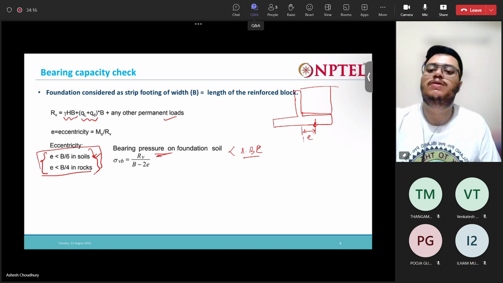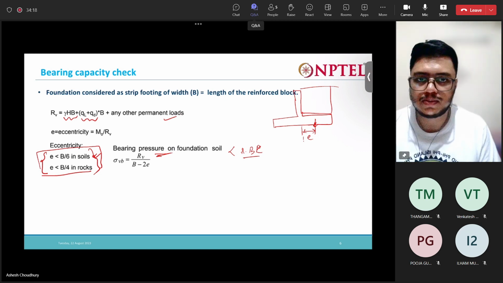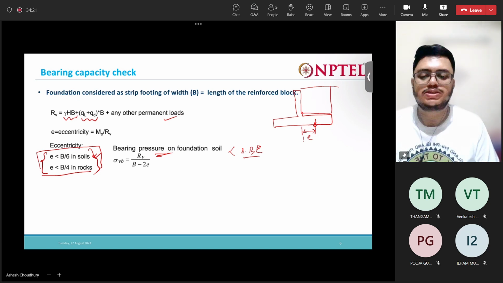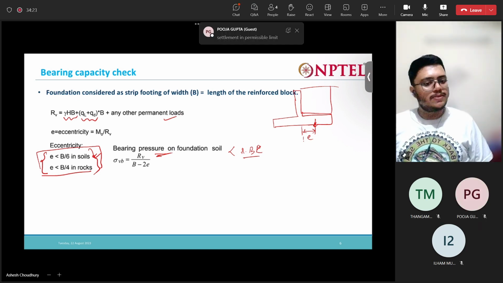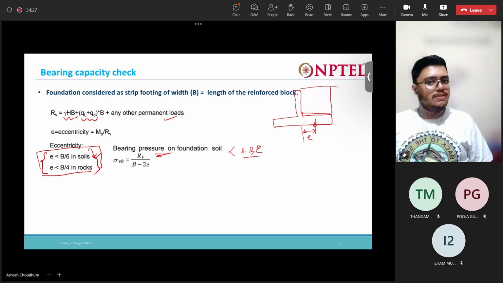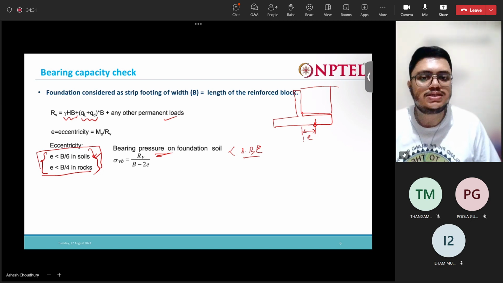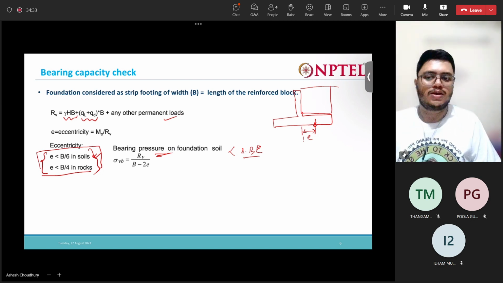How do you determine the allowable bearing capacity? So generally what we do is that one is the settlement criteria and the other one is the bearing capacity criteria. So these two criteria we should consider, right?